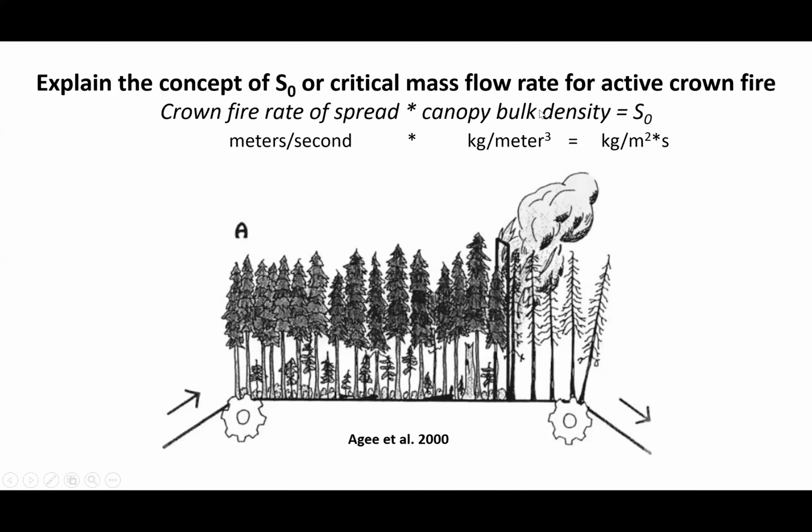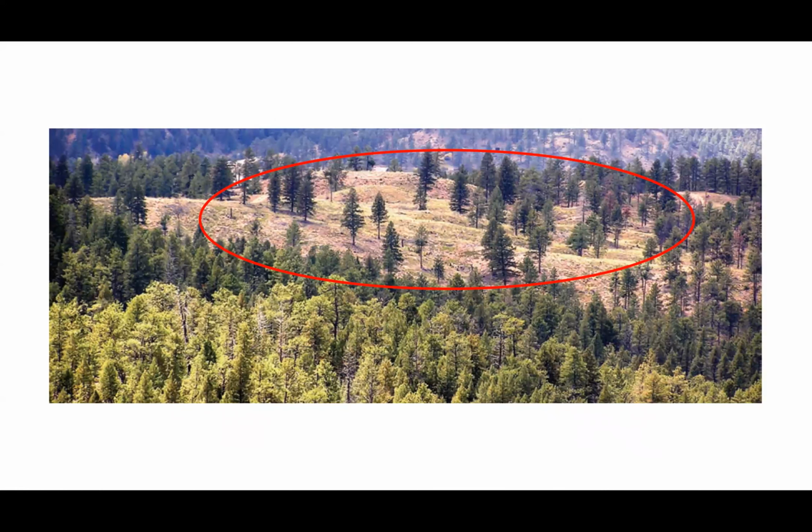All right. So there's our critical mass flow rate to sustain this active crown fire. And this ties directly to what we try and do a lot of times when we're manipulating stands. I like this image here because it really shows how what we've done in this treatment is reduce the canopy bulk density significantly.